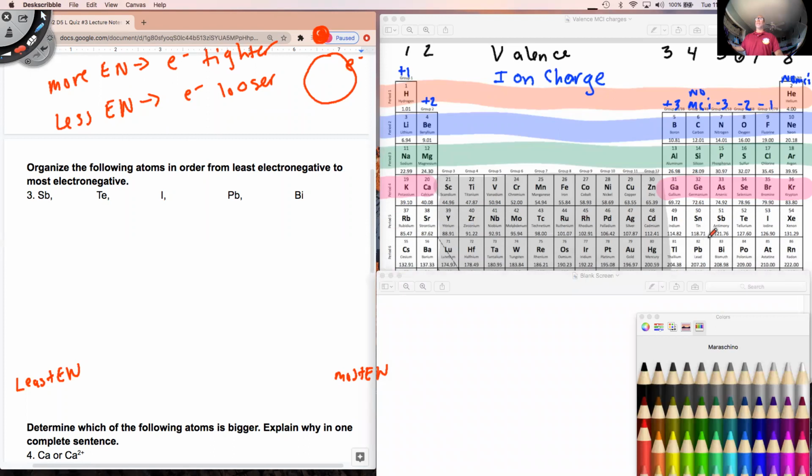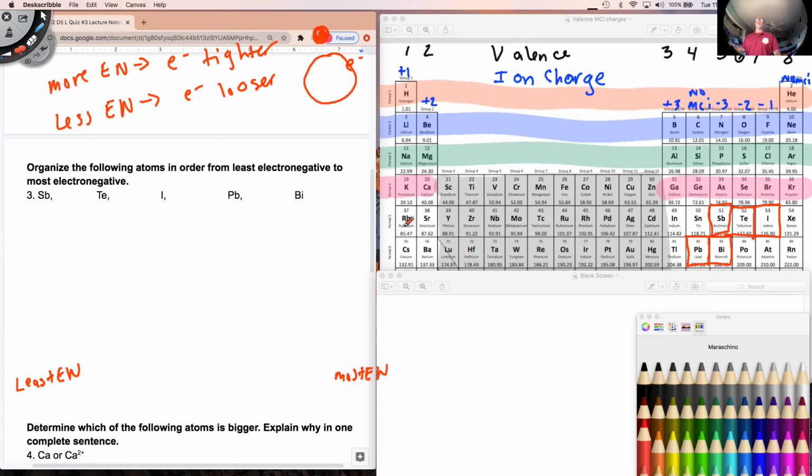So what do we have? Let's see, we have antimony, tellurium, iodine. So we have those 3, and then we have lead and bismuth. And we have to take a look and say, which ones of those are going to be most or least electronegative?